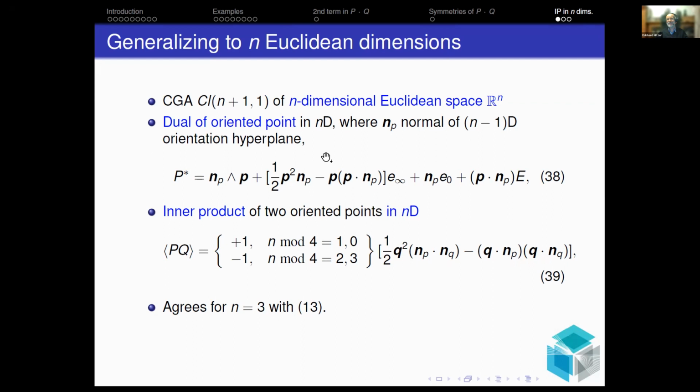But the expression otherwise is just the same as we had before for the oriented point. Then we can compute the inner product, and we get also the same result, only there is a sign factor plus or minus in the beginning, depending on the dimension of the space. And if the dimension is 3, we have the same result as we had previously.